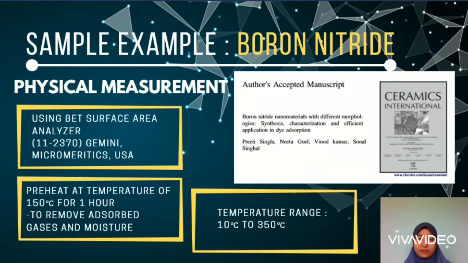As I told you just before, it needs to clear up all the pores. It doesn't need any impurities on the surface. And this is the temperature range that we use to get our sample, between 10 to 350 degrees Celsius.